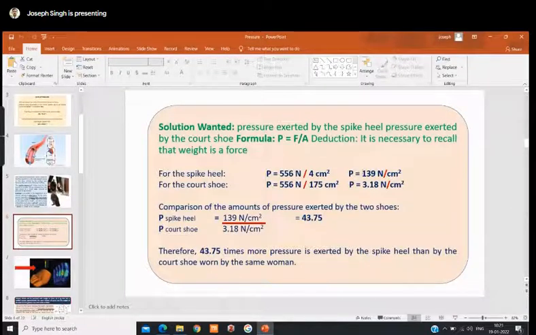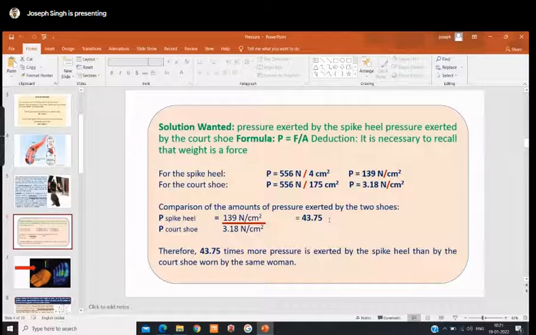The value is 139 Newton per centimeter square और ये है only 3.8 Newton. So you can compare how much difference the pressure is. It is about 43 times more. Round off करेंगे तो 44 times more, that heel is going to put more pressure.